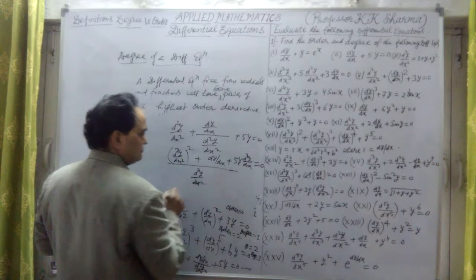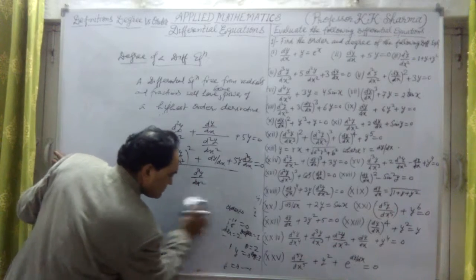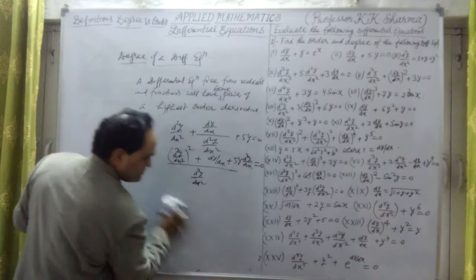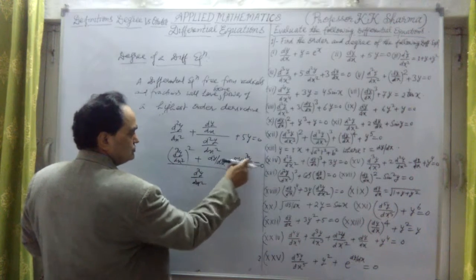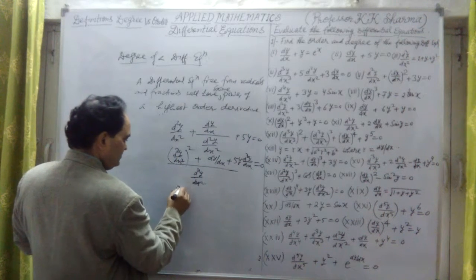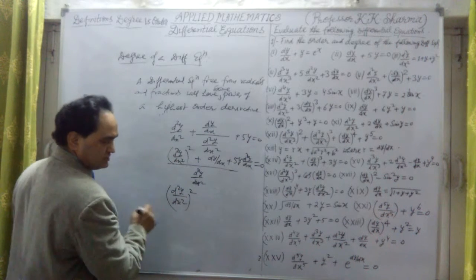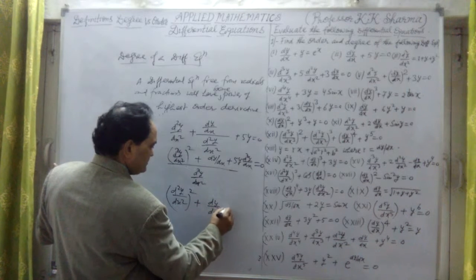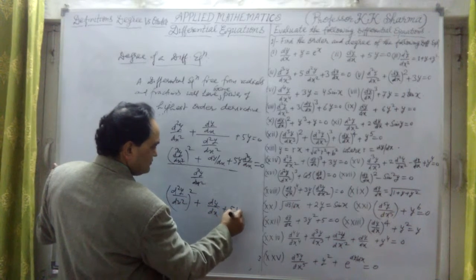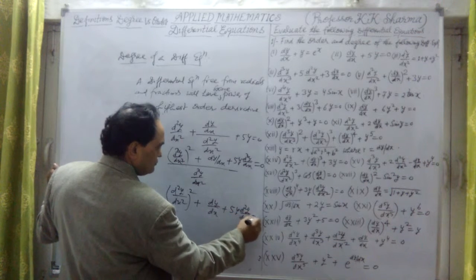Now we can write it in proper polynomial form. This cross multiplied, this into 0 is 0. Finally, we obtain d square y by dx square whole square, plus dy by dx, plus 5y into d square y upon dx square equal to 0.